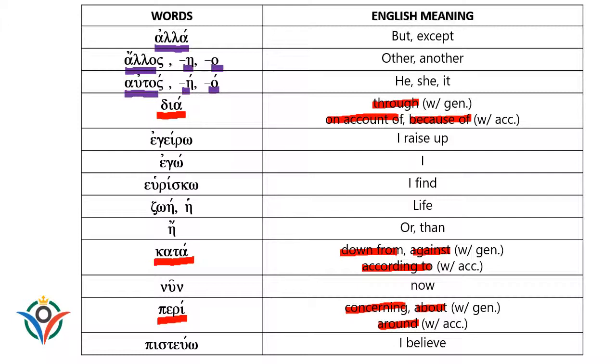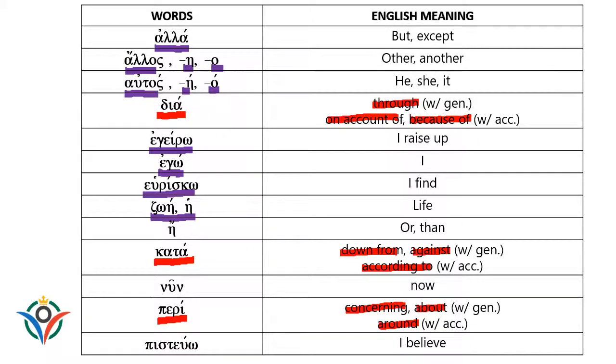Our next word there is egeirō, translated as I raise up. Then we have egō, which we've done in our lesson today. It's translated as I. Next we have heuriskō, which is I find. Next we have zōē, which is life.